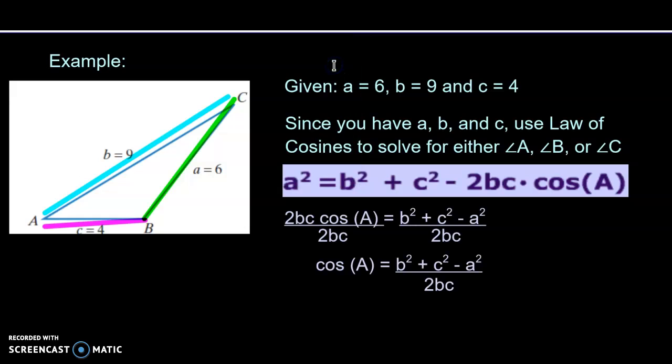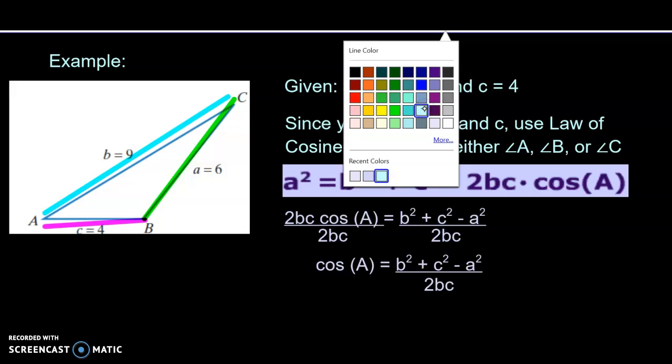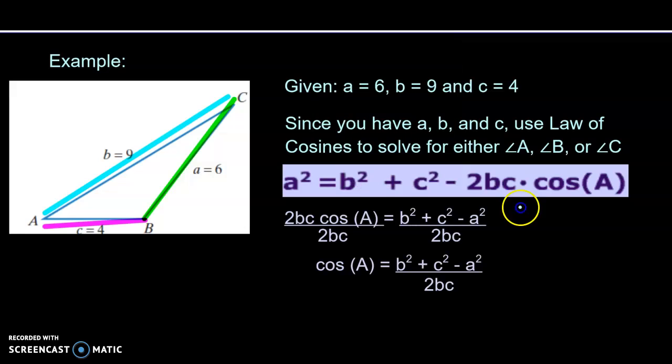To solve for angle A, what I would do is make 2bc cosine A positive, so I move that to the other side. That's why in the next step it says 2bc cosine A equals b squared plus c squared. Now I've moved a squared by subtracting it.